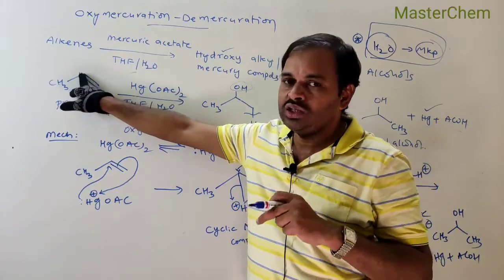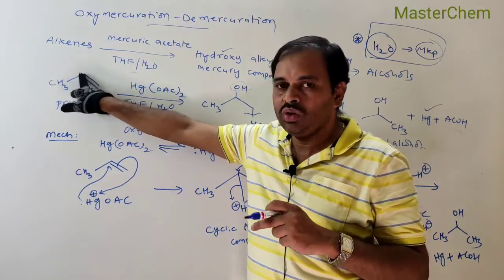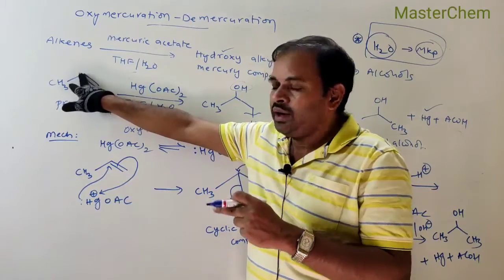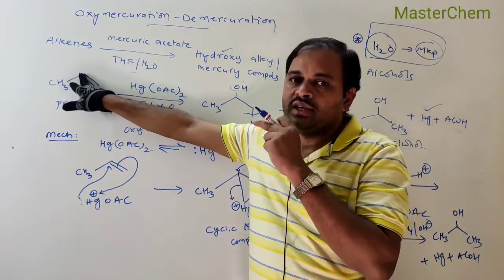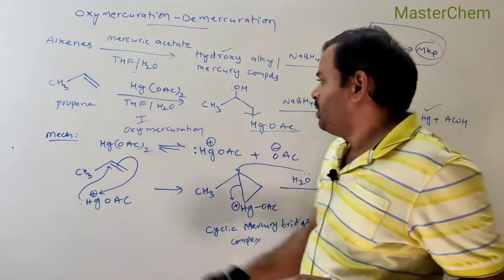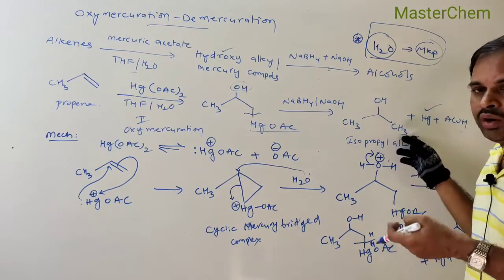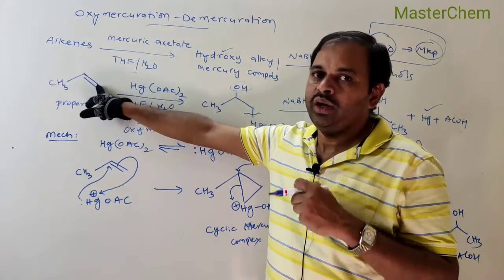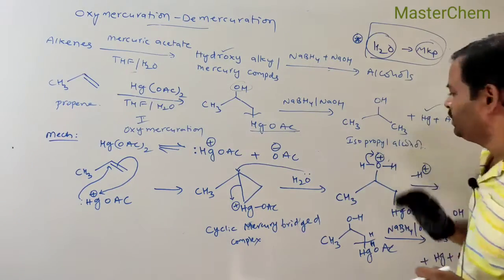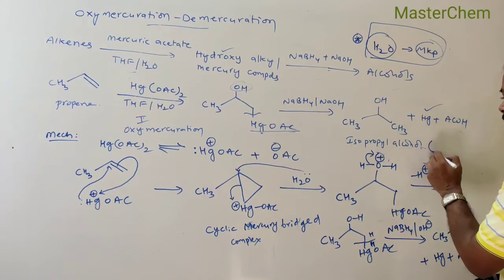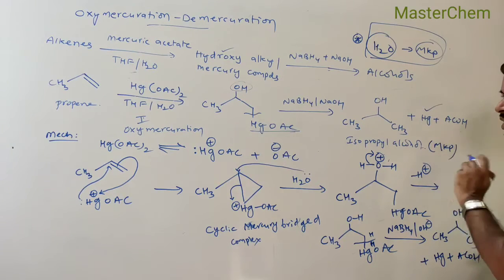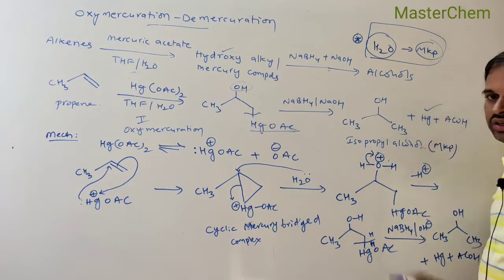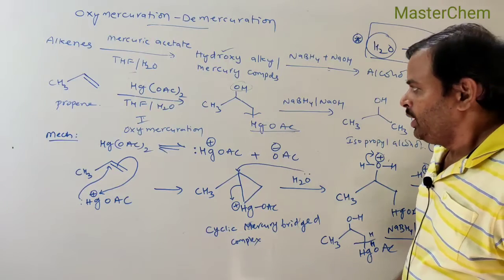That's why we attach the negative reagent OH minus at the carbon with fewer hydrogens, and hydrogen at the carbon with more hydrogen atoms. That leads to the Markovnikov's product of hydration.